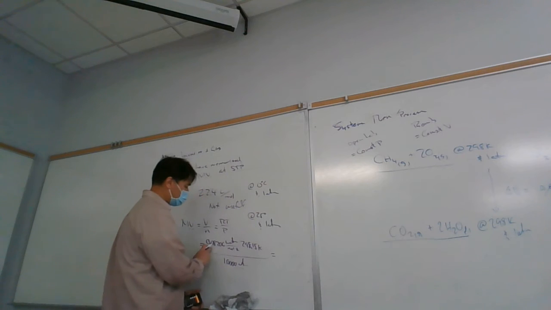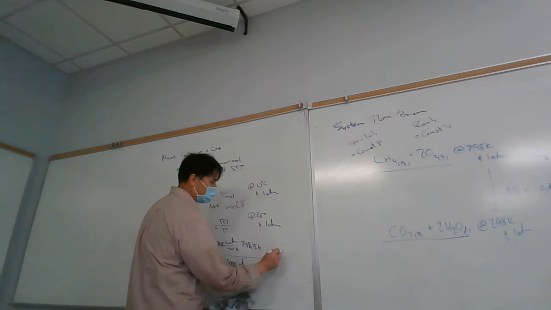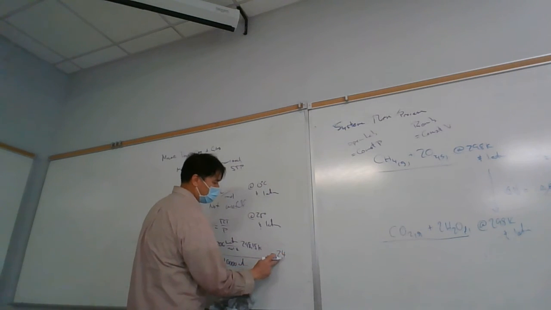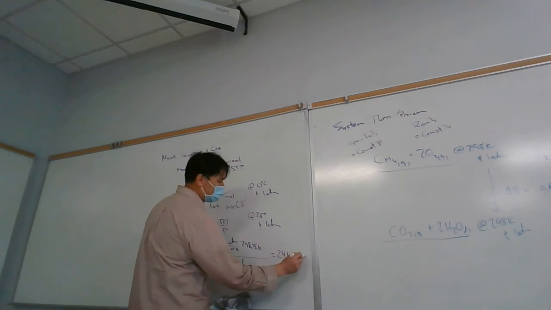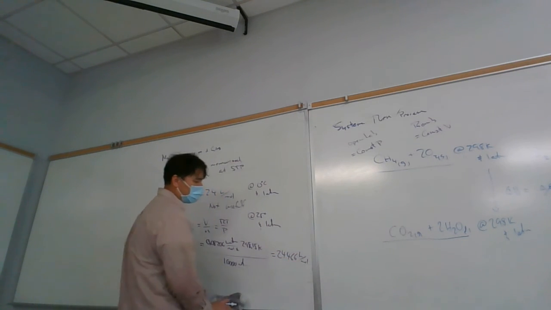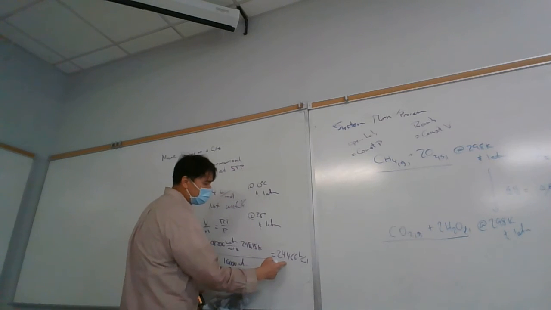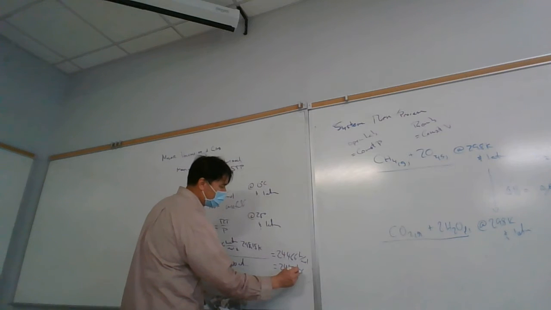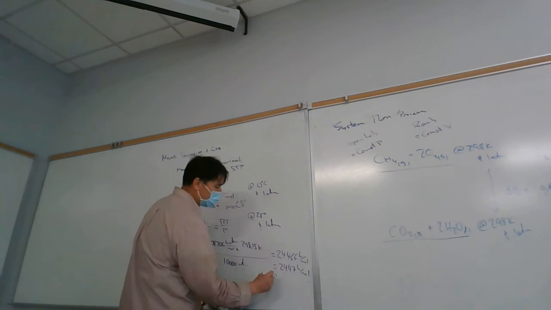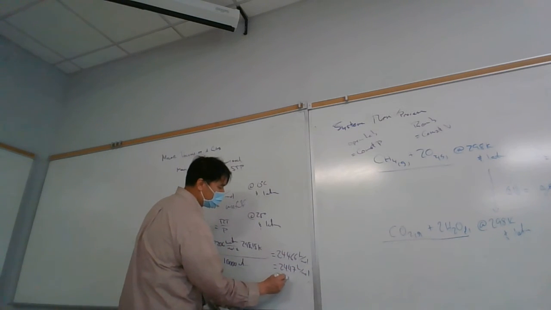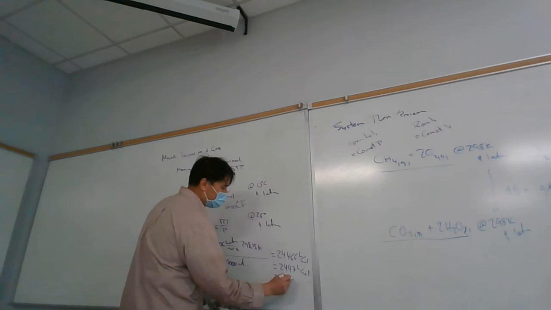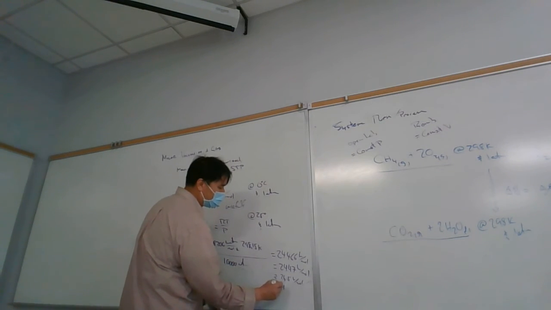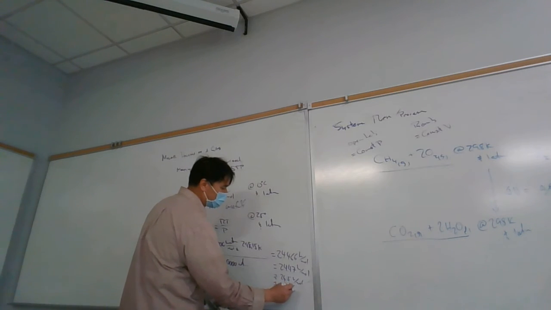We're allowed 4 sig figs. 24.466 liters per mole. So to 4 sig figs this would be 24.47 liters per mole, or about 24.5 liters per mole, or about 25. It depends on how precise we want to be.